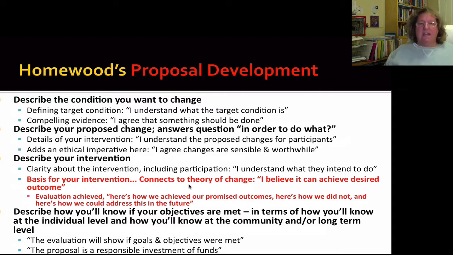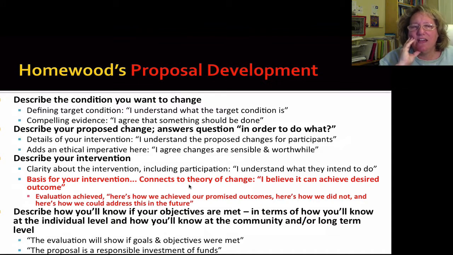And most of us, in your activities in social work-based organizations, will have had a grant proposal created or some type of proposal that said, here's what we need. And I wanted to ground you back with a really simple and effective proposal development model that came from Homewood, which is back in Toronto where I came from.